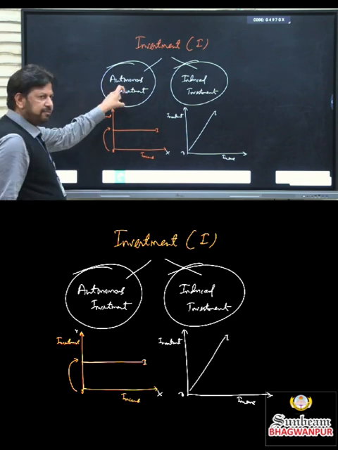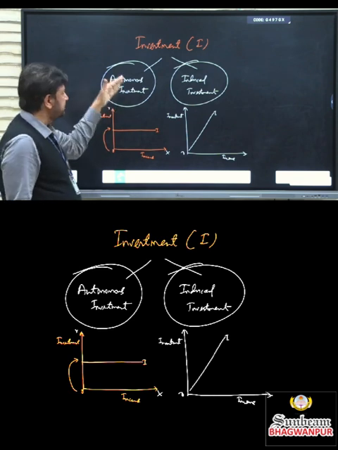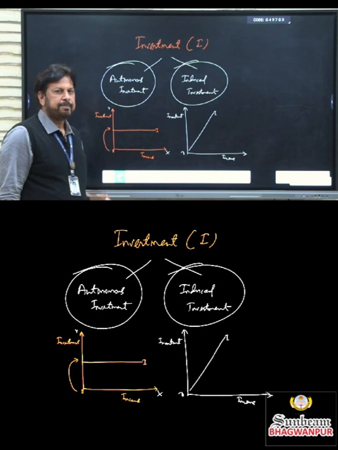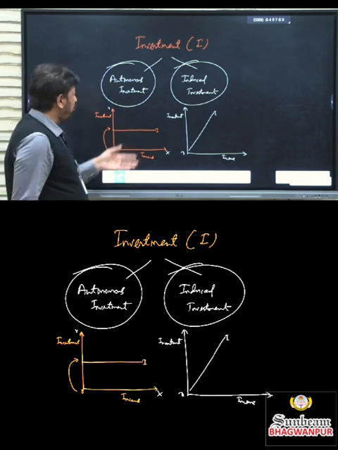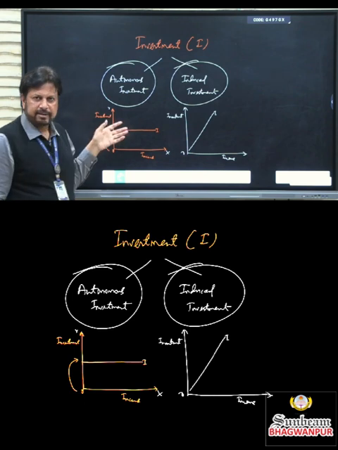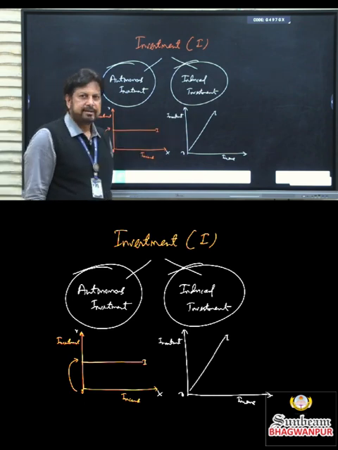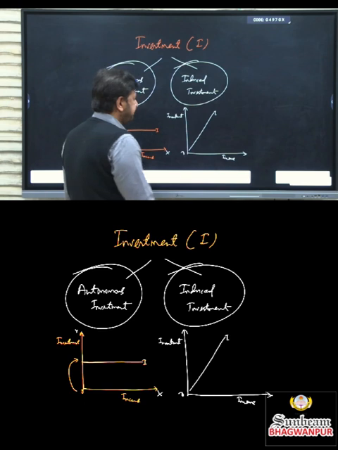The basic purpose of autonomous investment is social welfare. The basic purpose of induced investment is earning profit. So we can say that normally autonomous investment is done by the government, and induced investment is normally done by private firms.